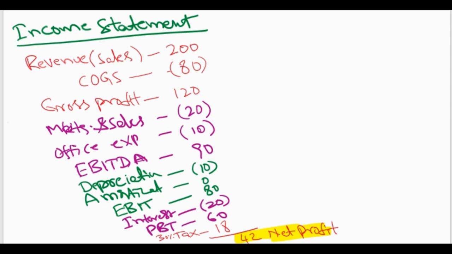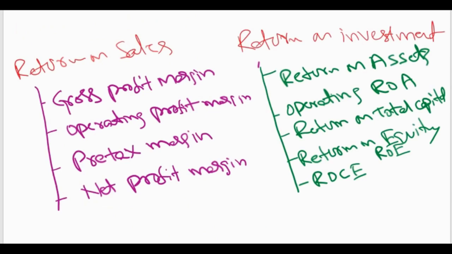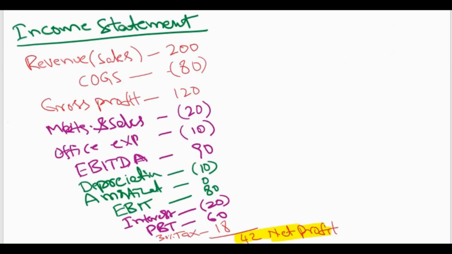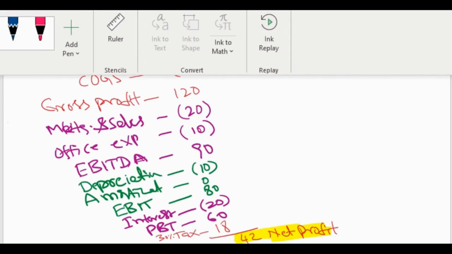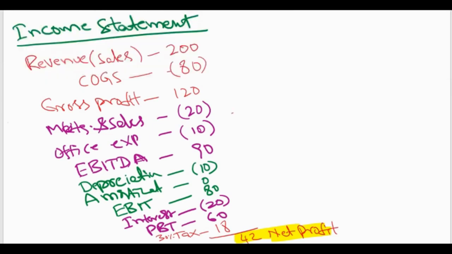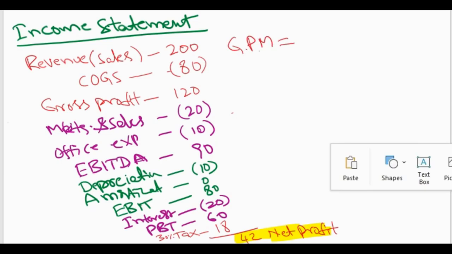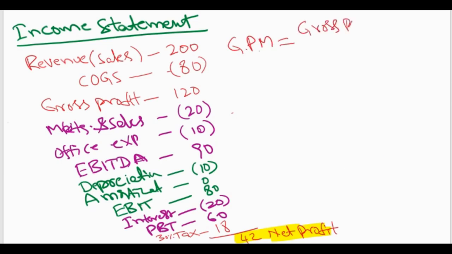So now let us look at these formulas we discussed: the gross profit margin, operating profit margin, pre-tax margin, and then net profit margin. Let us look at them one by one. First we will take gross profit margin. How do you get it? You take gross profit divided by net sales.